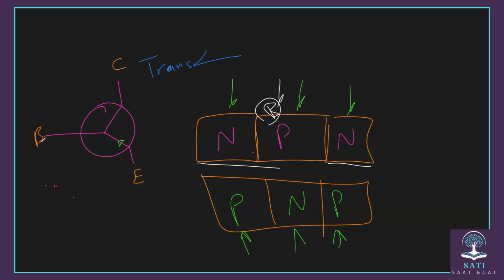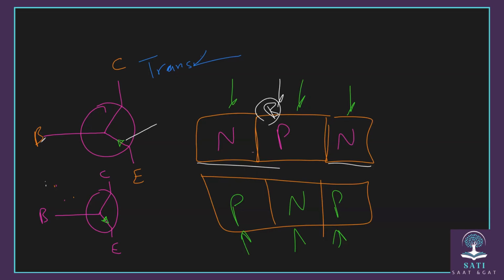Or it can be drawn another way. This is the collector, this is the base, and this is the emitter, and we draw the arrow in this direction. In this case, how do I know if this one is NPN or PNP? We know it through the arrow.